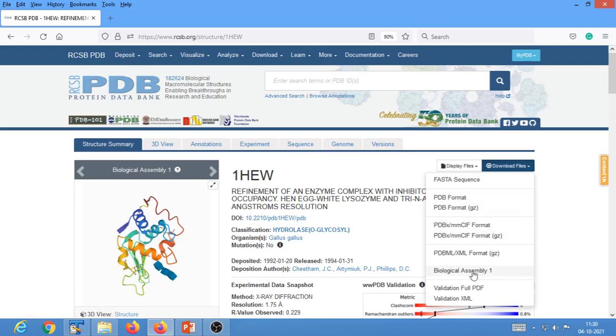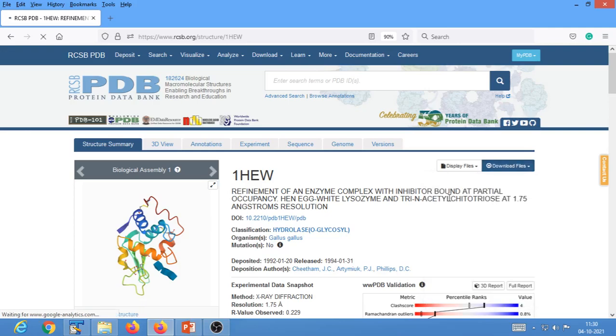That would completely depend on what you want to do with your PDB file or structure file. For our purpose, we require the structural model of our protein molecule in text format. So for that you need to use this particular option: download the molecule in PDB format.